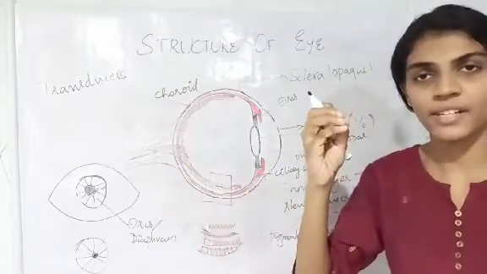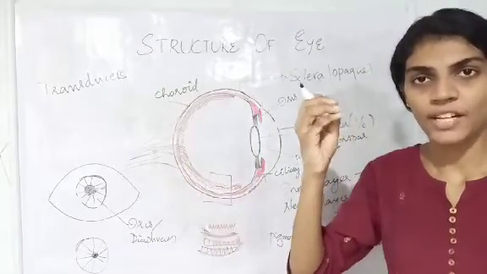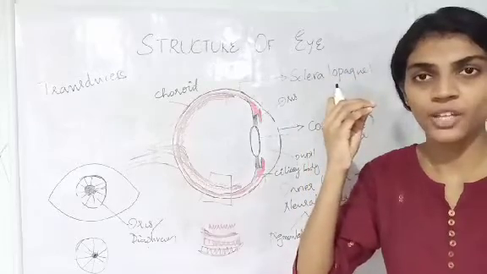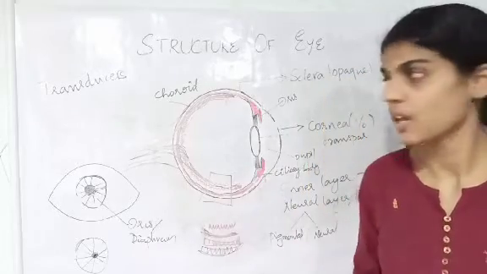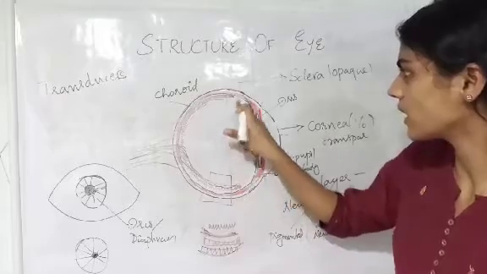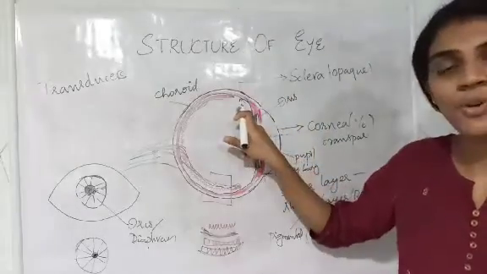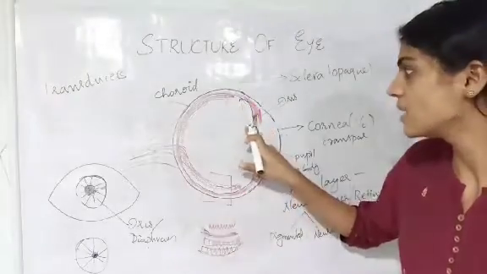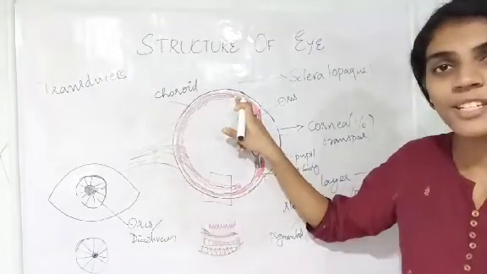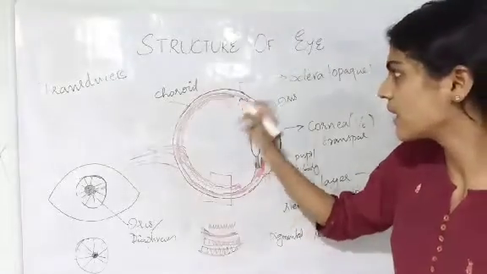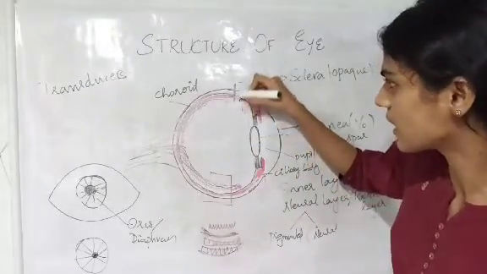Only when the light rays are directed to the retina can you see things. Suppose the light rays diverge and go here, what happens? Here there is no retinal layer. The retinal layer ends here, right?